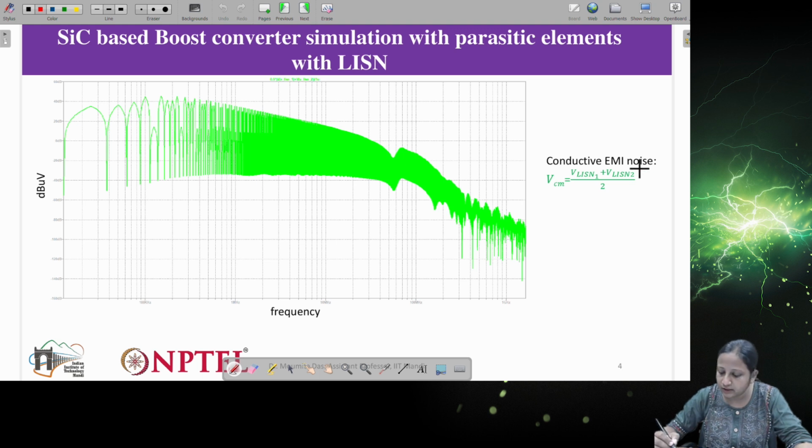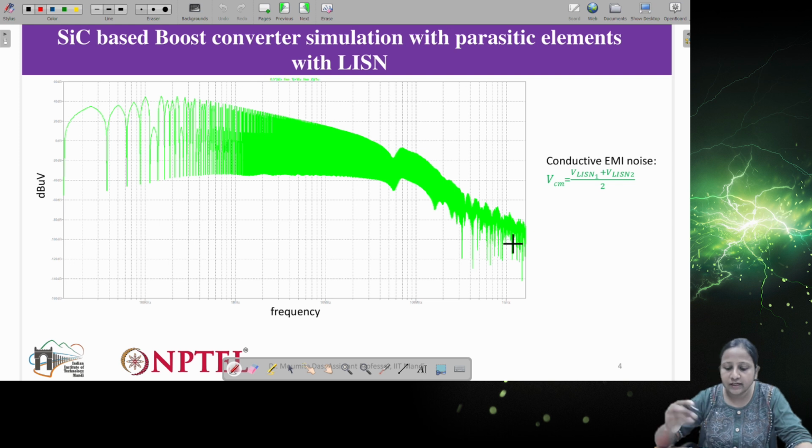The CM, common mode noise, can be seen in the simulation by considering two lines, adding the two lines, and you can see the resultant FFT.